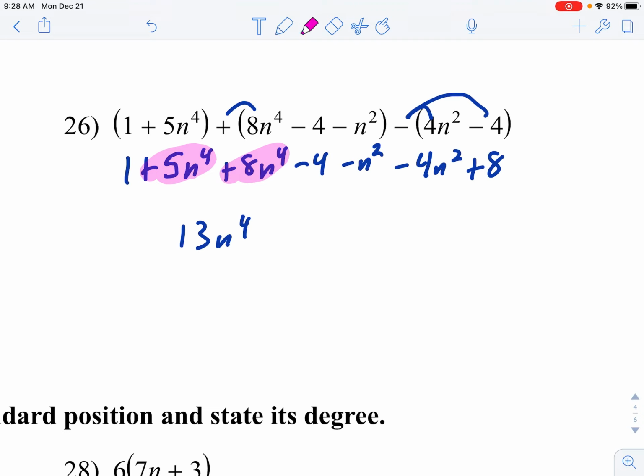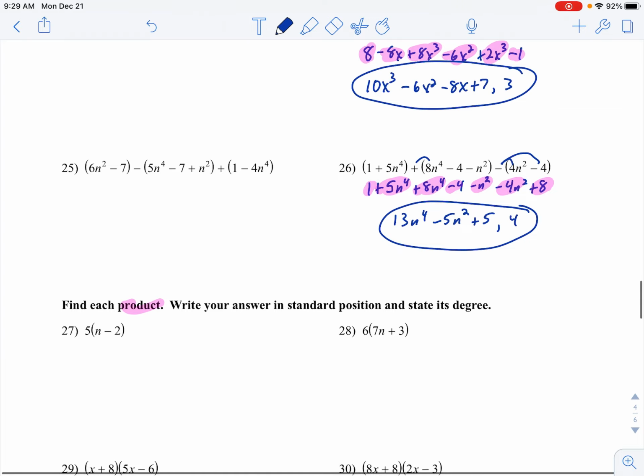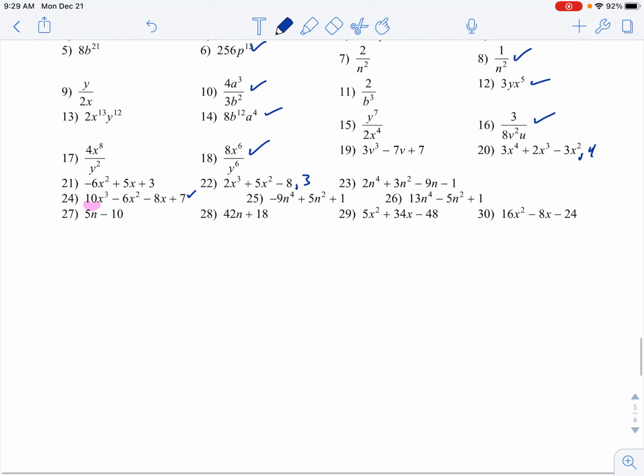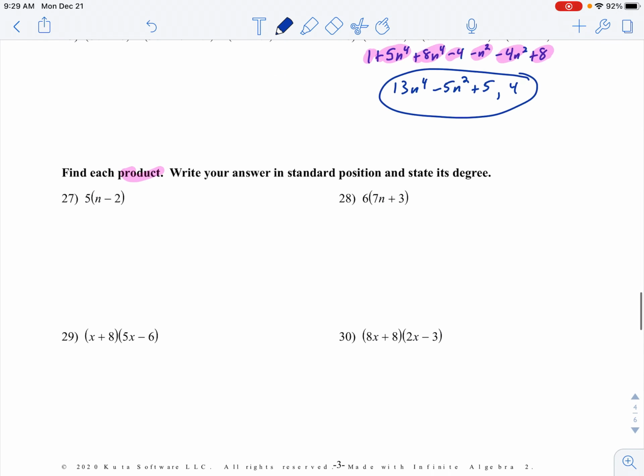I don't have any third power terms, but here's the second power, negative n minus 4n. That's minus 5n squared. And then 1 minus 4 is negative 3. Negative 3 plus 8 is positive 5. That's the constant term, and this is a fourth degree polynomial. Number 26, just put a fourth degree polynomial there.